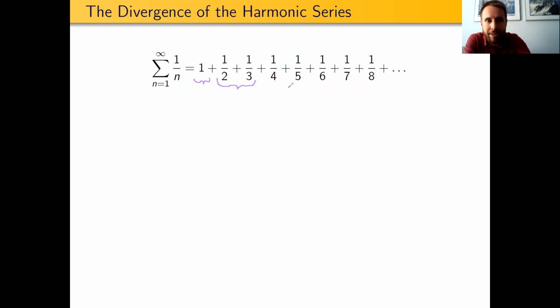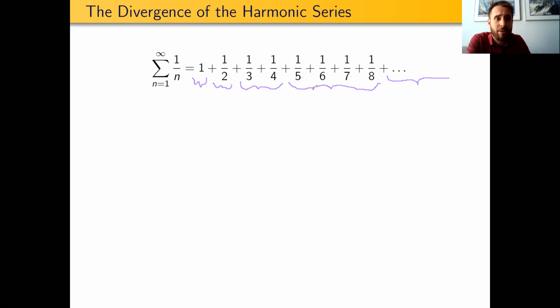Let's try that again. I want to break up the first piece by itself. I want to break up the second piece by itself. I want to break up the next two as a group of two. I want to break up the next 4 as a group of 4, and so on. So the next 8 numbers from 1/9 up to 1/16, those would all be there as well.